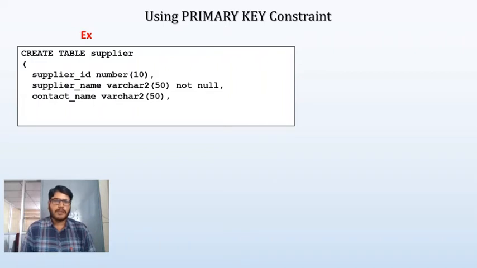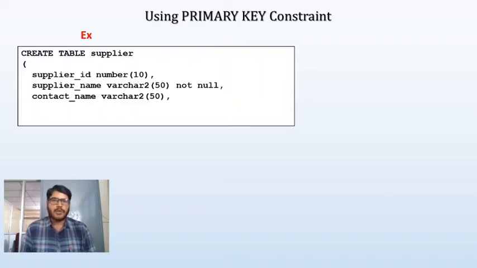So for the supplier ID column, I want to implement a primary key constraint. And I'm going to implement a not null constraint for supplier name, because the supplier name cannot be blank. I must insert some value in the supplier name field. And as usual, I'm not going to include any constraint for contact name.